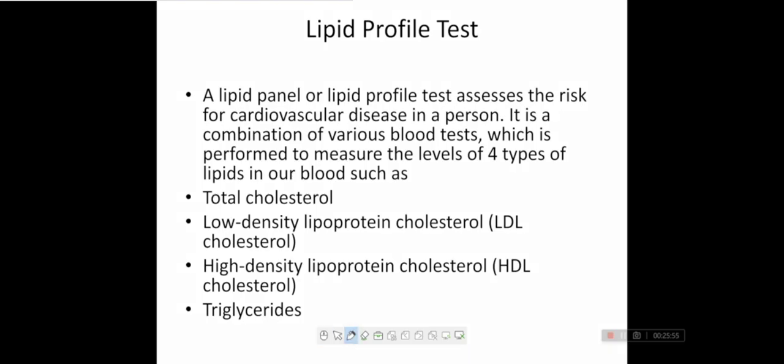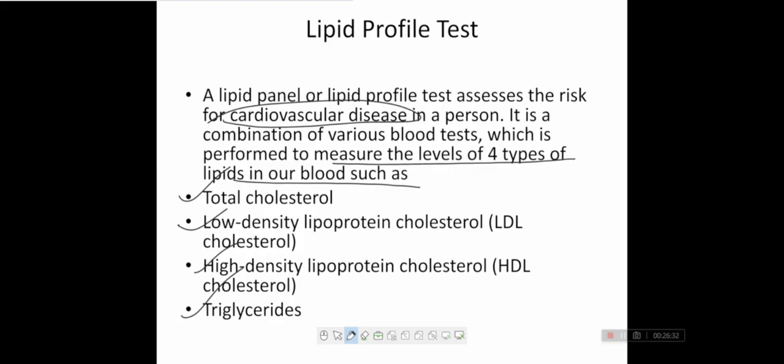It is a combination of various blood tests performed to measure the level of 4 types of lipids in our blood, such as total cholesterol, low density lipoprotein cholesterol, high density lipoprotein cholesterol, and triglyceride.